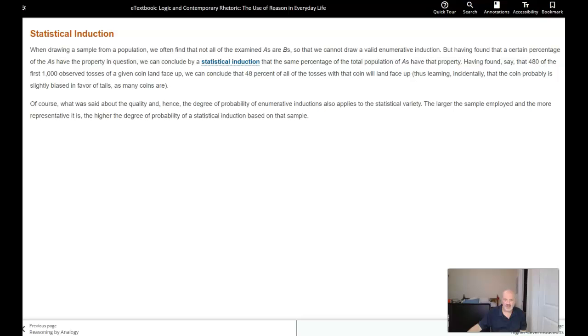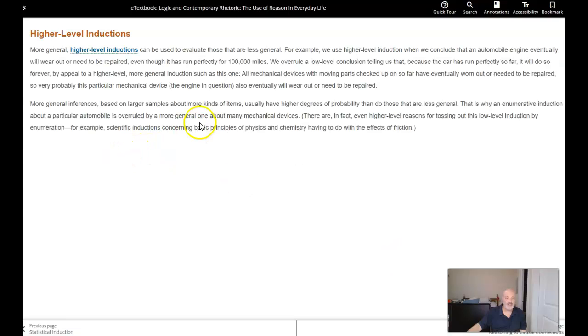Statistical induction is not covered on the quiz, but obviously it is something we see a lot of. Higher level inductions, as a basic definition, are inductive reasoning that overrules a lower level conclusion because of what we know about what will happen in the future, of how time will affect it, etc. Again, their example is a car running and what might happen to it.